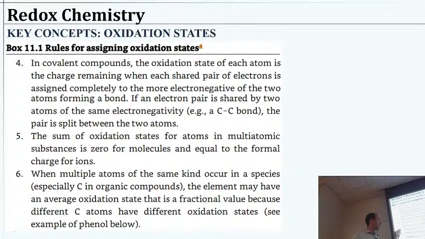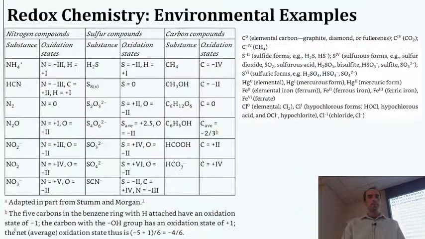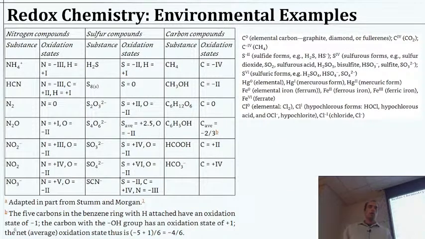And so if we had to describe something like phenol, on the whole, we might assign some fractional value. Okay. So with that, we kind of have the basics, the rules of thumb. We could take a look at all sorts of environmental compounds that we might find, and then derive or discern what the oxidation states of each atom there would be.